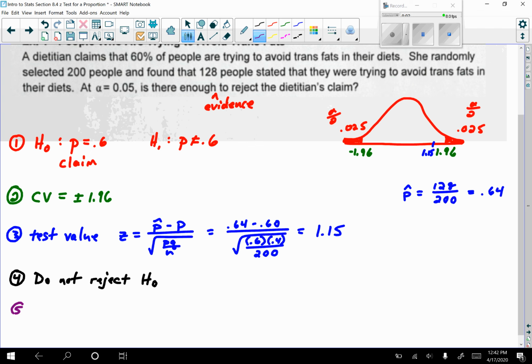And then to summarize the results here, we would say there is not enough evidence to reject the dietitian's claim.